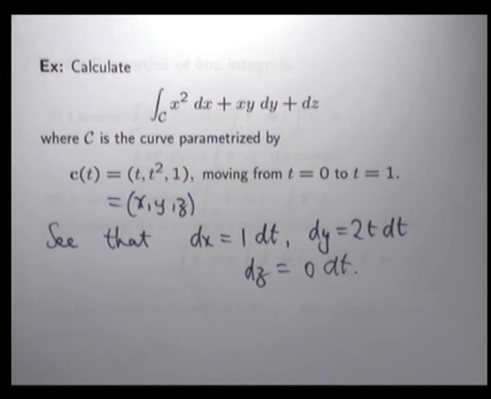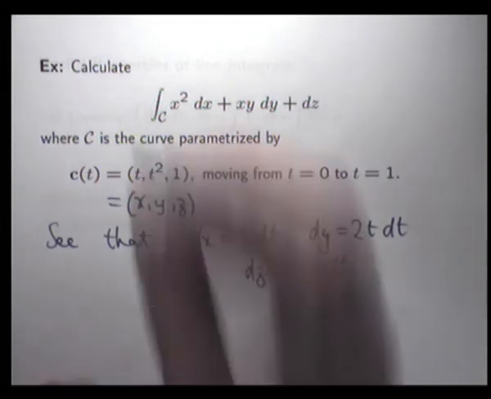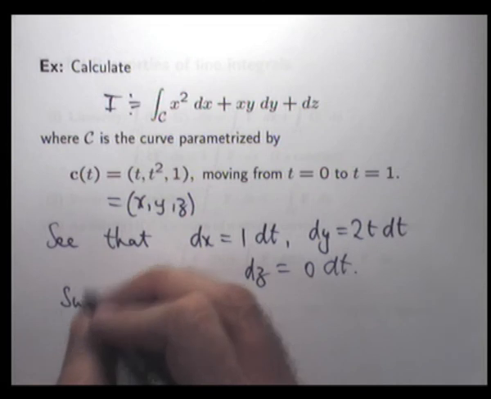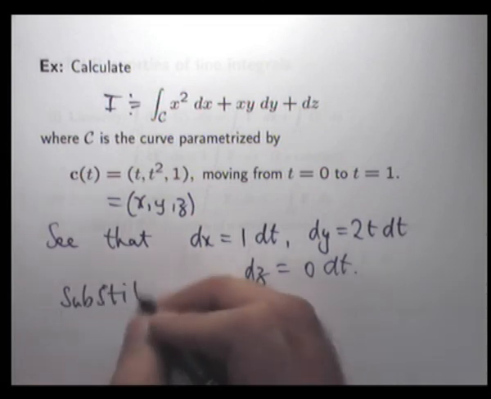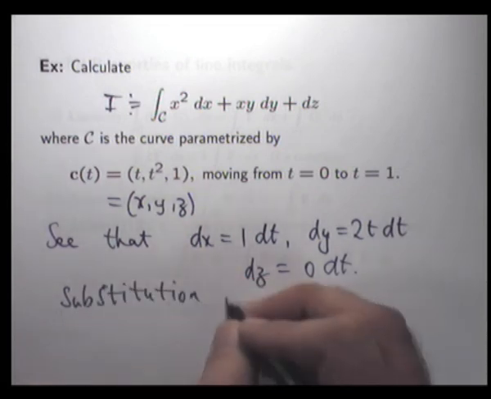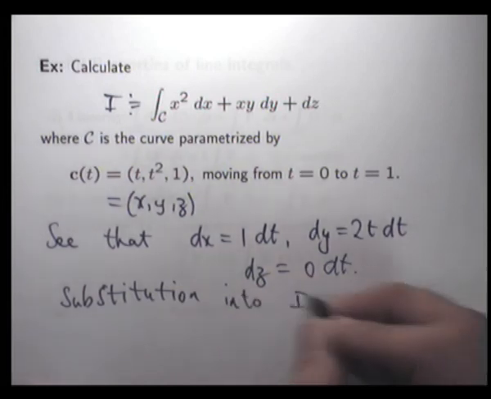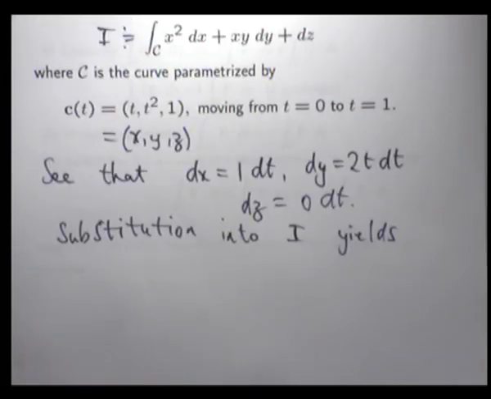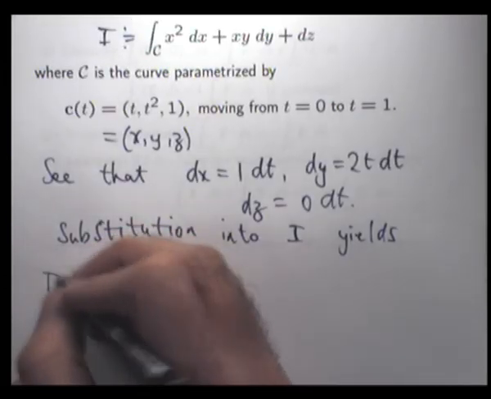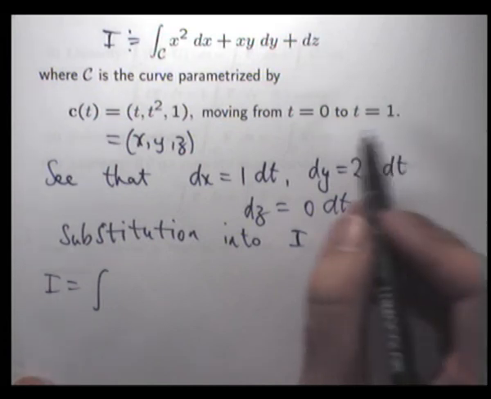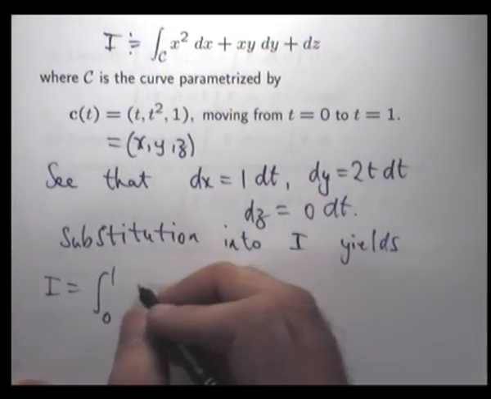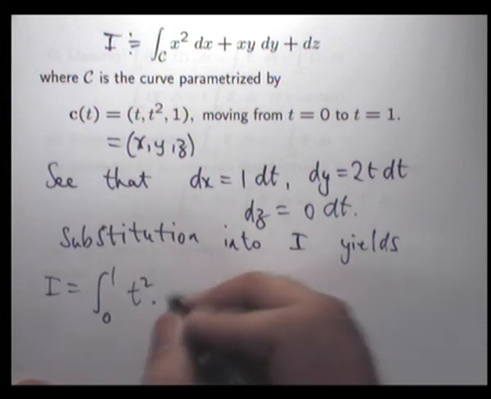So we take those parts, sub them into our line integral, and then it'll break down to a simple integral. So substitution into I yields the following. So we're going to be integrating from 0 to 1. X squared will become t squared. Dx is 1 dt.